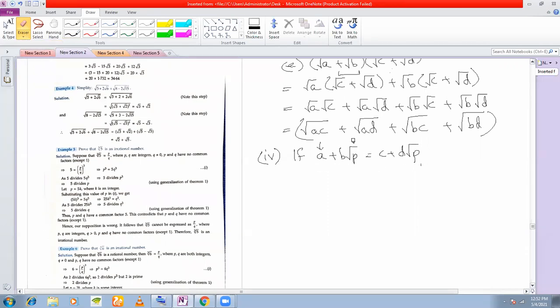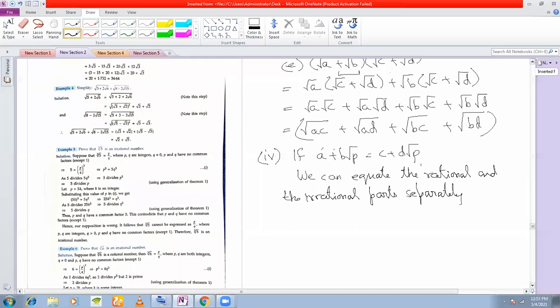Okay, so whenever you have a plus b root p equal to c plus d root p, what you can do is we can equate the rational and the irrational parts separately.